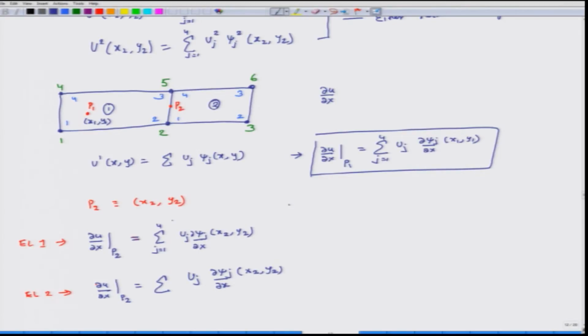Here I am using element 1, so the superscript is 1. And in the other case I am using data from element 2, so the superscript is 2.